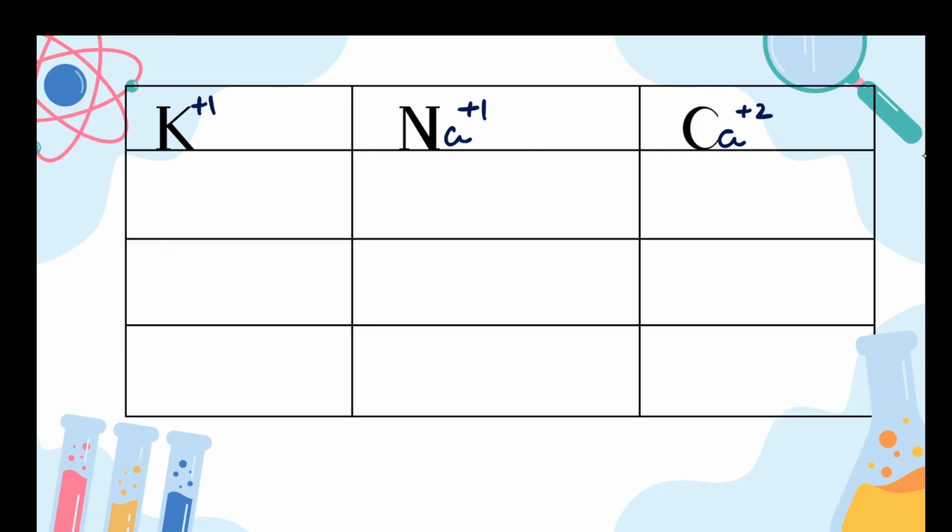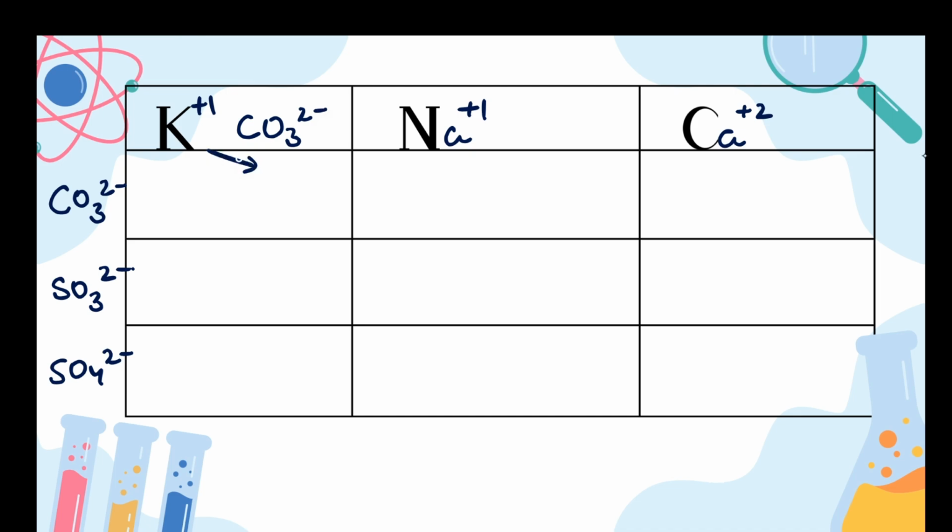Next, again first write the valencies: potassium 1 plus, sodium 1 plus, calcium 2 plus. Here we will write with the next set of radicals. We have carbonate, and each of these radicals has a valency of 2 minus: sulfite SO3 2 minus, and sulfate SO4 2 minus. How will we write potassium carbonate?